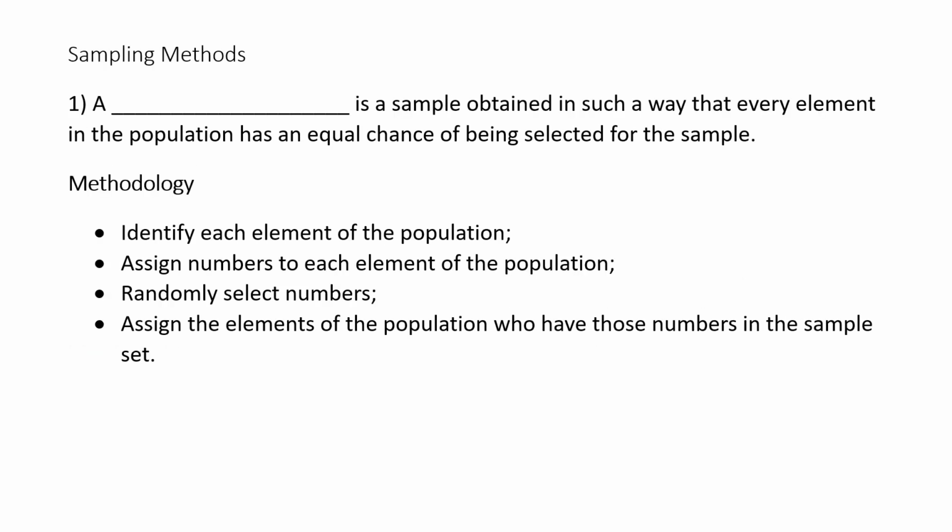Sampling methods. Number 1. A random sample is a sample obtained in such a way that every element in the population has an equal chance of being selected for the sample.